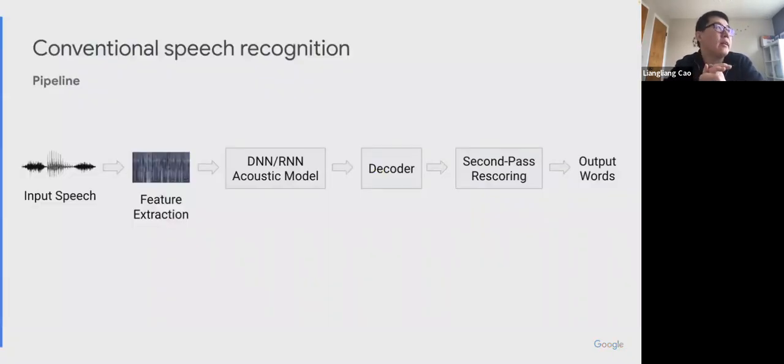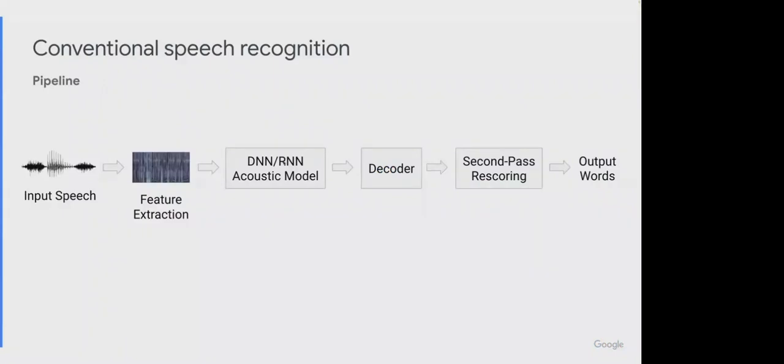traditionally, several years ago, we called that conventional speech recognition. The big picture is we take the input speech, we extract features, and then send them to what we call an acoustic model. A typical acoustic model can be a deep neural network or recurrent network.